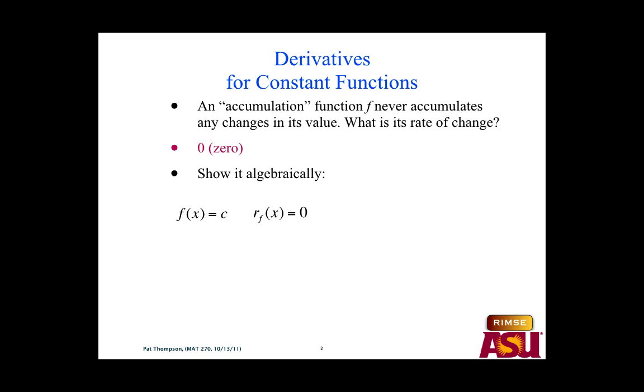I could say that d over dx of c, or of f of x, equals 0 if f of x is this constant c. And it could actually be a number like 3 or 7, but this is just talking about, in general, for any constant value as an accumulation function, the rate of change of that is 0, which should make sense conceptually, but algebra works out too.